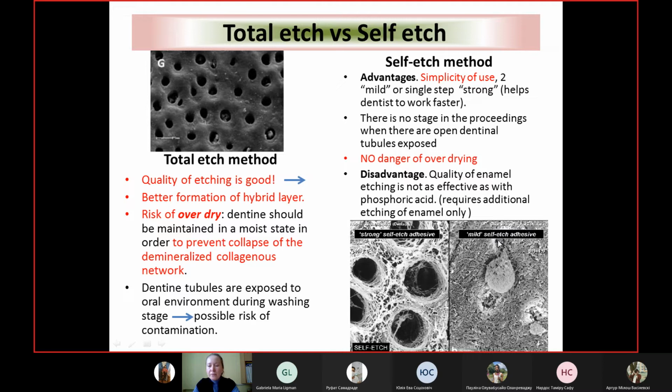Here you see mild self-etch adhesive. Actually, it is what we are calling single step. Actually, it is the 8th generation, and strong.